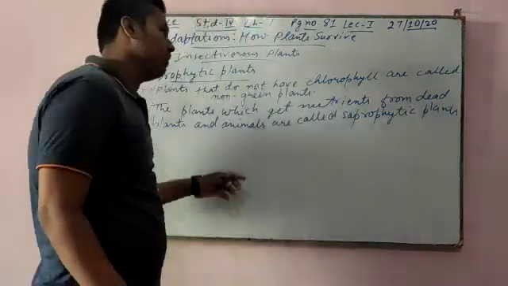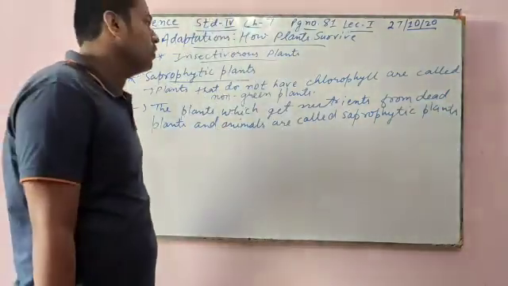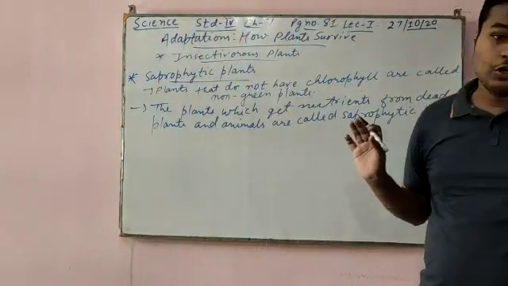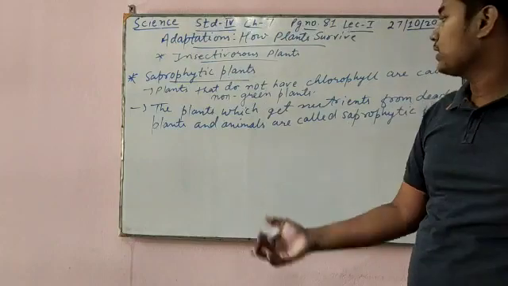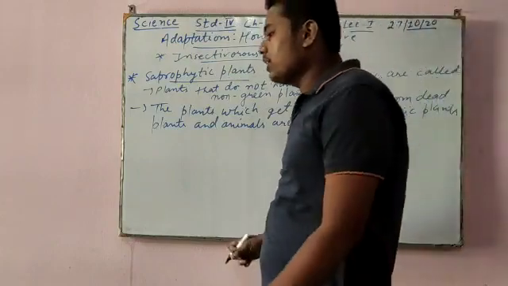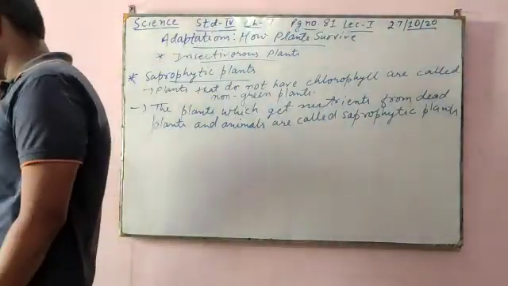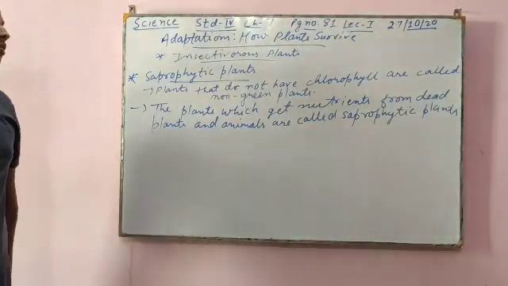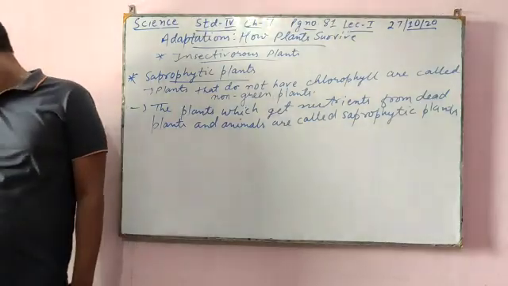Why? Because they do not have chlorophyll, so they cannot take part in photosynthesis. They need nutrients to keep themselves alive, so they collect nutrients by absorbing them from dead plants and animals.